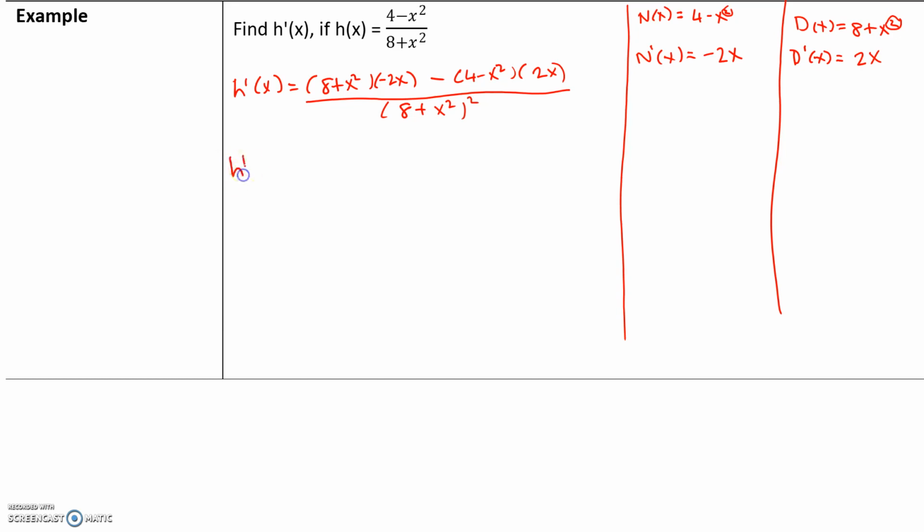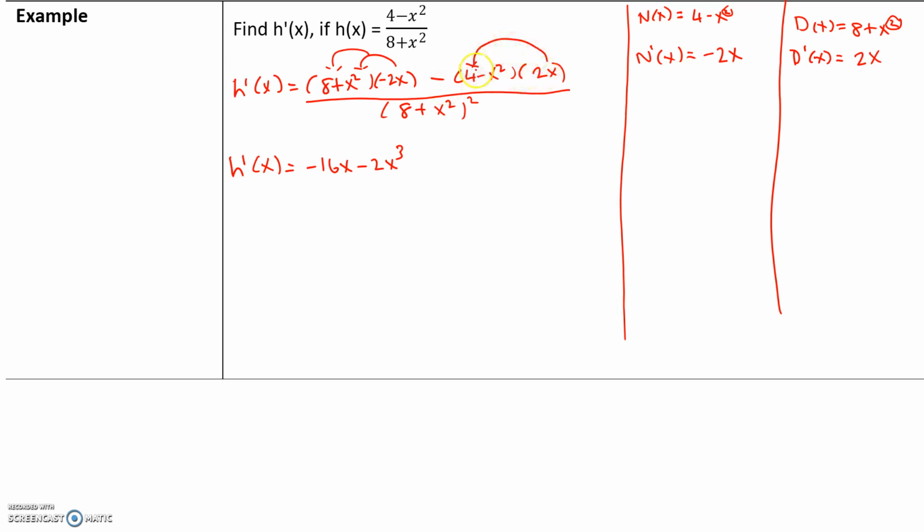Let's go ahead and simplify this. So the negative 2x is going to distribute, and this gives us negative 2x times 8, that's a negative 16x. Negative 2x times x squared, that's a negative 2x cubed. Then we have 2x times 4, which is 8x. But remember, this negative is going to apply to that product.